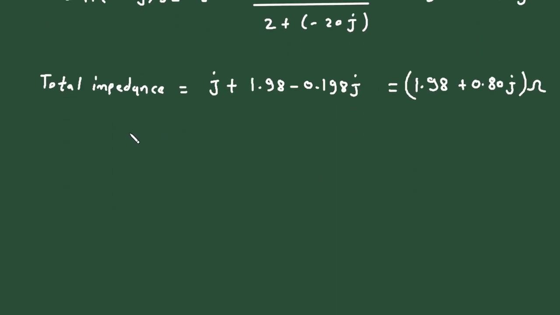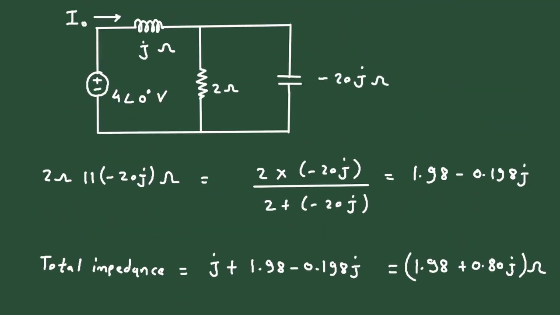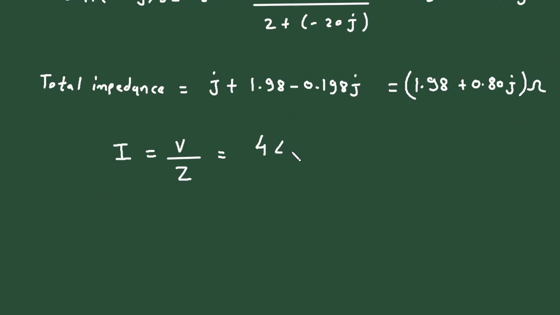Now, according to Ohm's law, we know that I is equal to V upon Z. So the value of voltage is 4 at an angle 0 degree volt, and the impedance value is this value. So let's copy this impedance value from here.